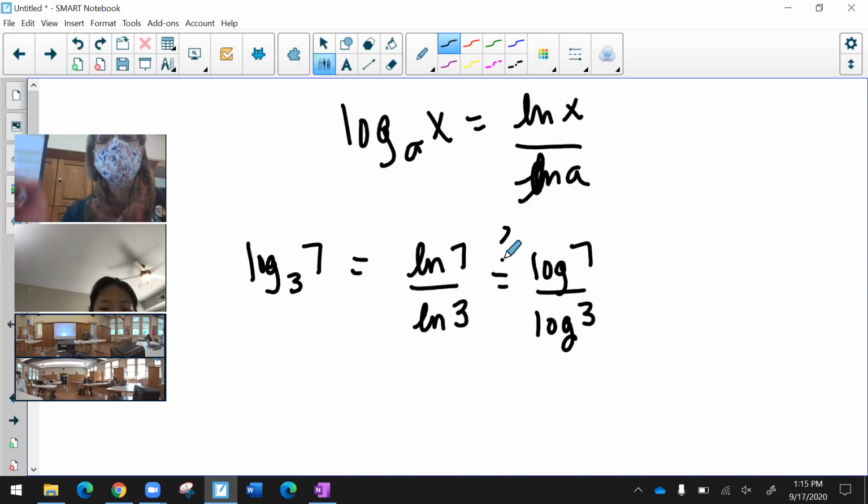I think it has to do with the fact that it's actual numbers. What I'm doing is taking 7 of something and dividing it by 3 of that same thing. So it doesn't matter what that thing is, because the thing itself is going to cancel.